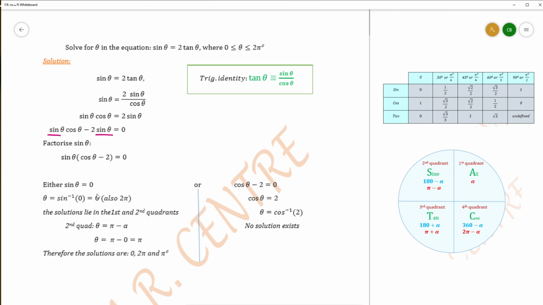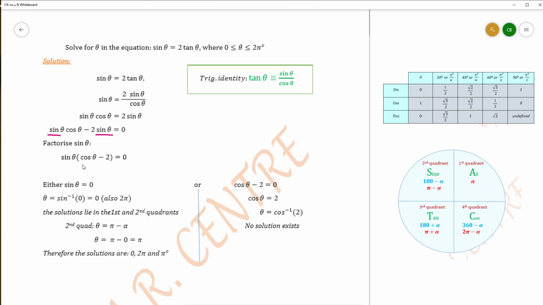So this value of 0 and 2 pi, both of them are solutions which would lie in our first quadrant. So these are our principal solutions. And then for our second quadrant, we are going to use pi minus alpha from our diagram. So second quadrant, theta equal pi minus alpha, which is equal to pi minus 0, which is just pi radians.